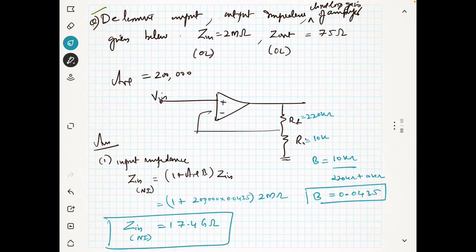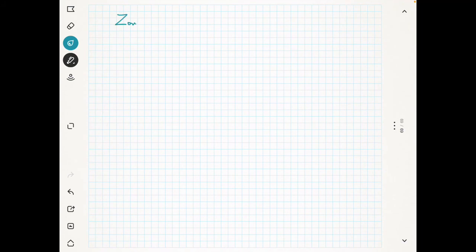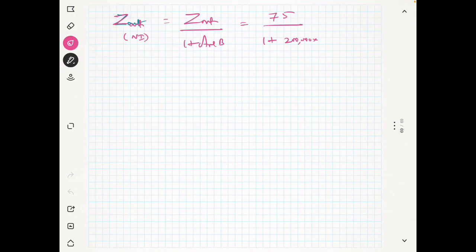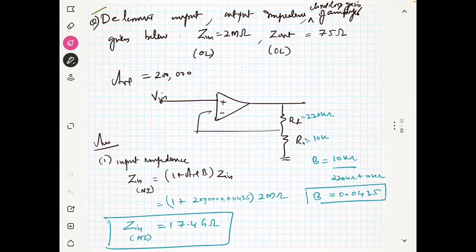Now Z out, I can calculate as Z out non-inverting, which will be Z out divided by 1 plus AOL into B, which is nothing but 75 divided by 1 plus 200,000 into B. What is B? 0.0435. So I am getting 8.6 milli ohm. It's a beautiful number actually. It's very small. So I got this answer and this one.